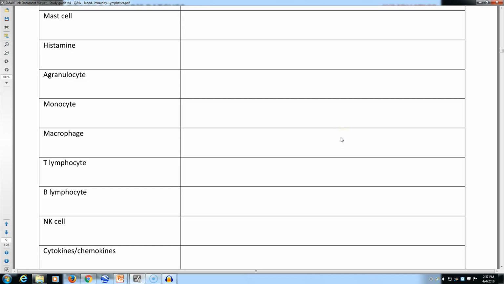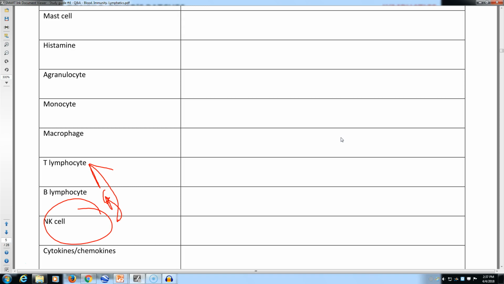For NK cell, often, it's kind of mixed up. Remember, NK cell, can it phagocytose? No. What does it do? It kills cells by inducing apoptosis. So NK cell is somewhat similar to cytotoxic lymphocytes.